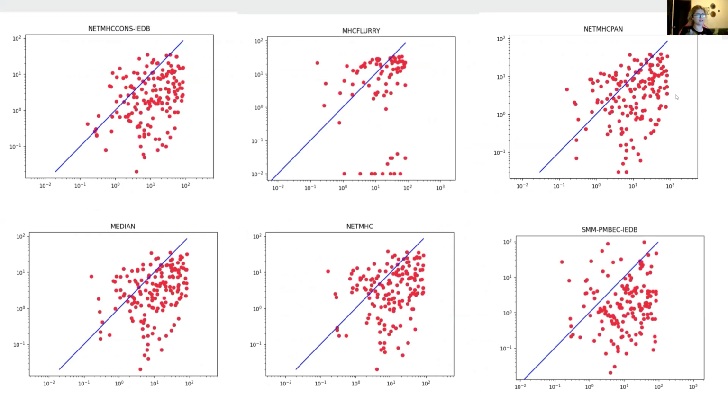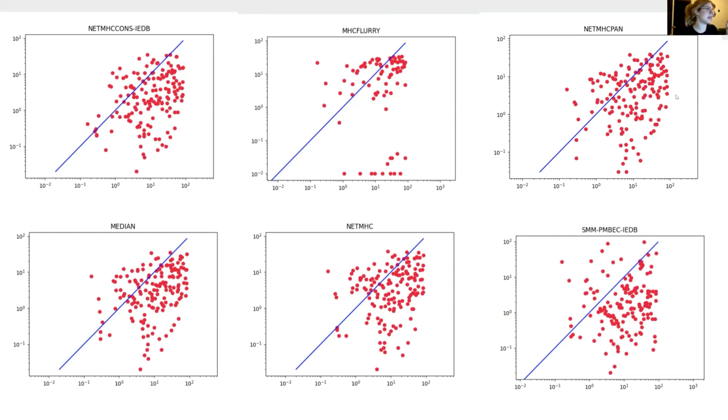And here we have our data, 187 HLA, and there are HIV and HLA binding. The blue lines are for true data, and the other ones are just predicted data.